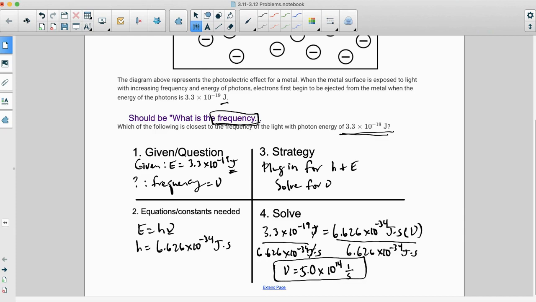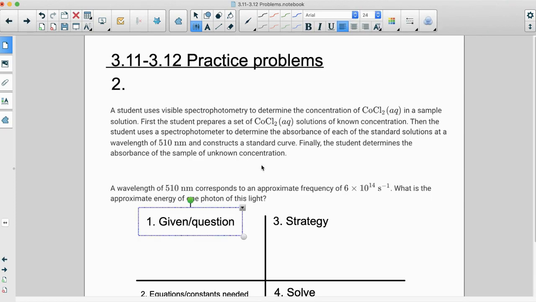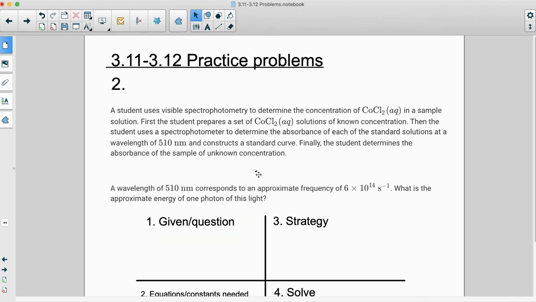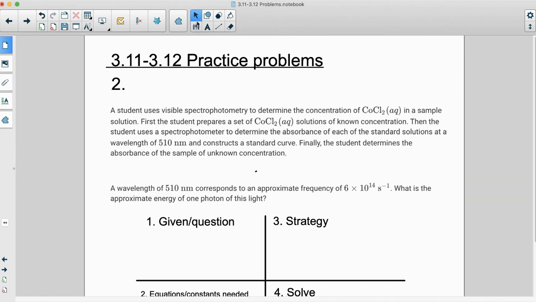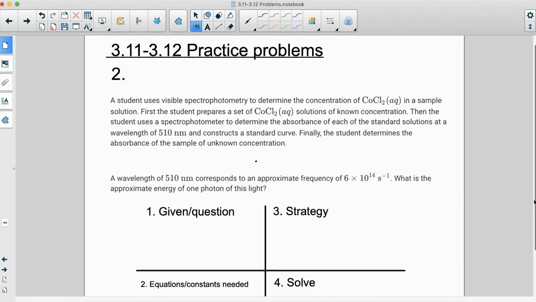I'll do one more example. Number 2. Whoa, look at all this text. The AP exam loves to give text. Now, for this problem, actually, you don't have to read this text at all to do this problem. However, if you go to a later part of this problem, you do have to have read the text to understand what is happening.